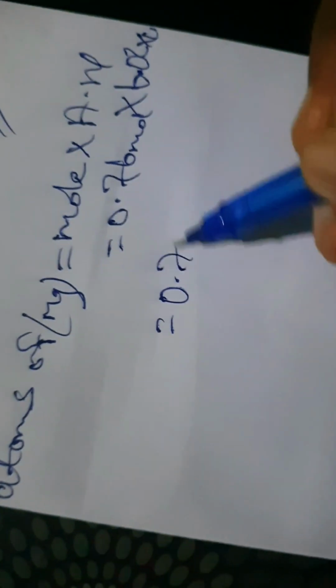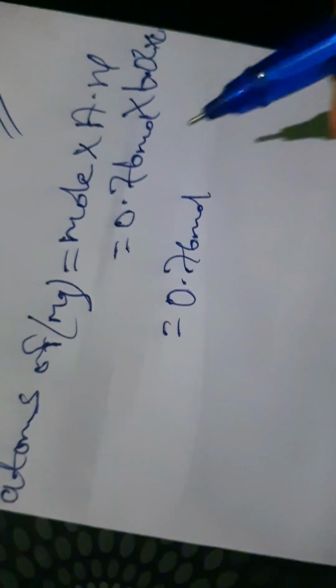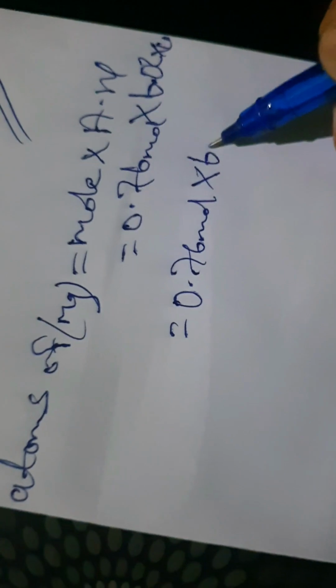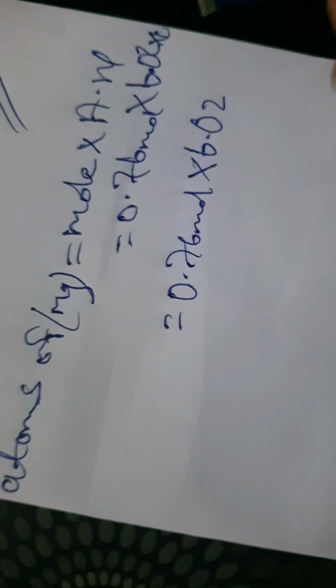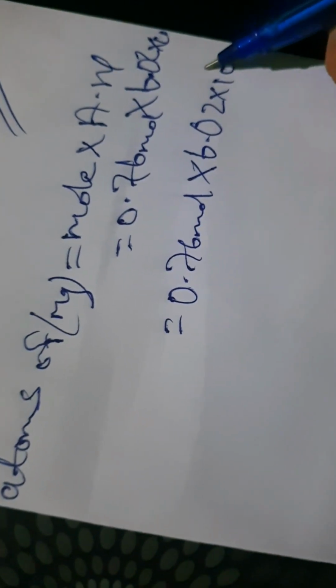6.02 times 10 to the power 23. Sorry, let's write it over here. So 0.76 mole times 6.02 times 10 to the power 23.